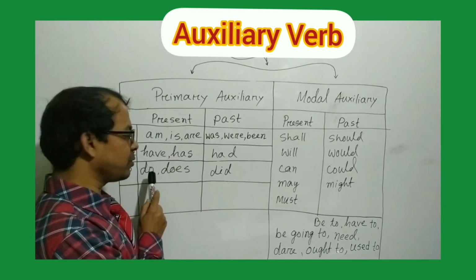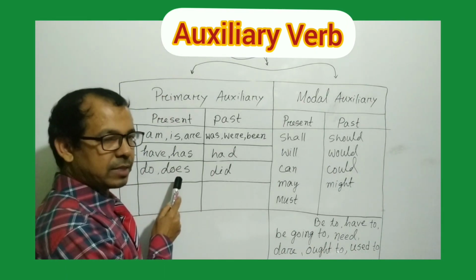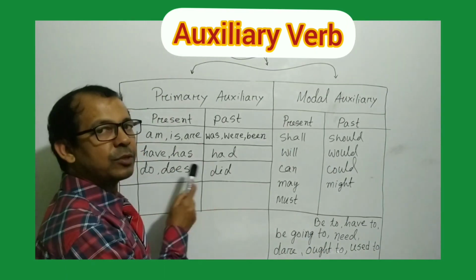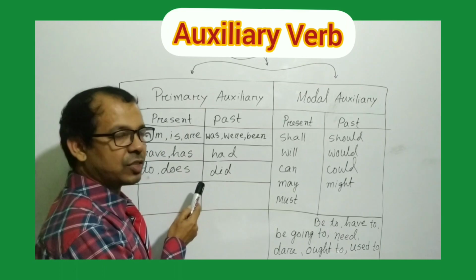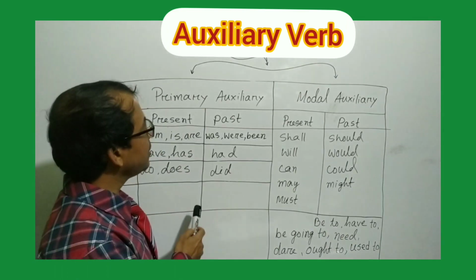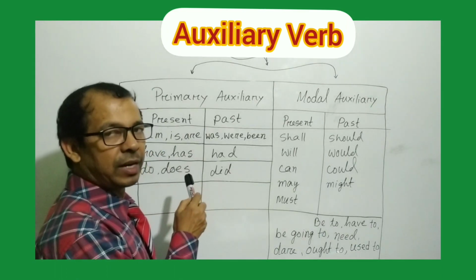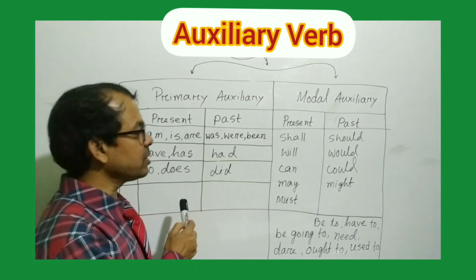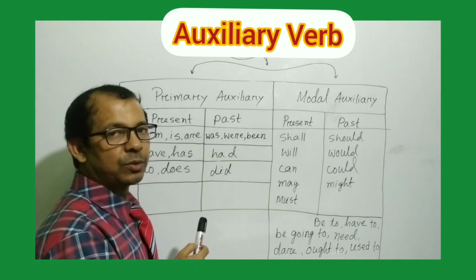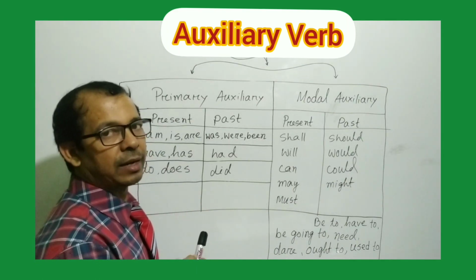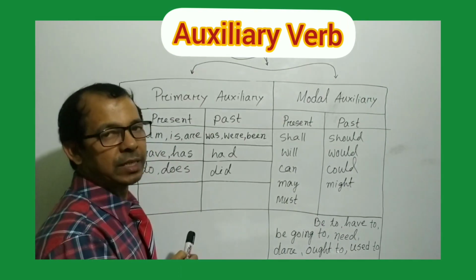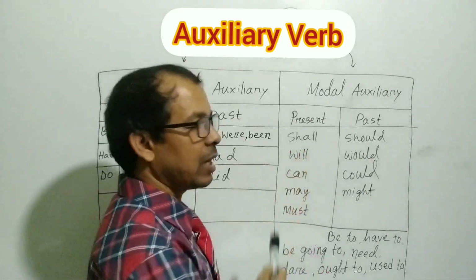So present form of do verb is do and does, and past form of do verb is did. So my dear student, these verbs are very important because when we want to make a question, then these verbs will be needed.